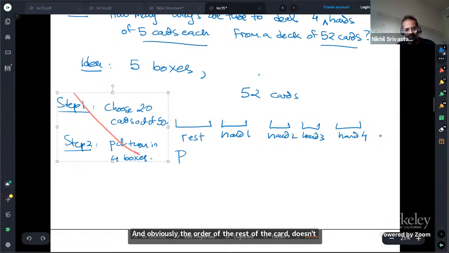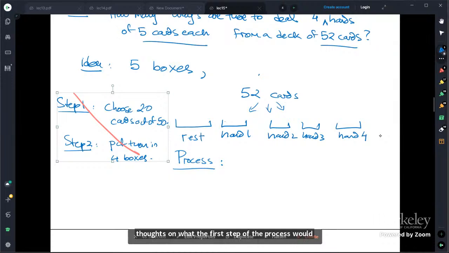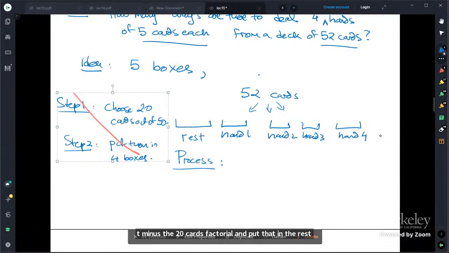So let's try to find a process for choosing such an allocation. Any thoughts on what the first step of the process would be? Take 52 minus the 20 cards factorial and put that in the rest. So it'd be 32 factorial for the possibilities for the rest.